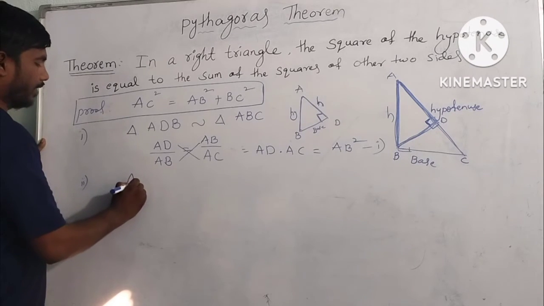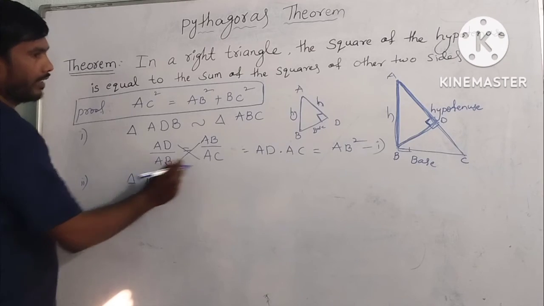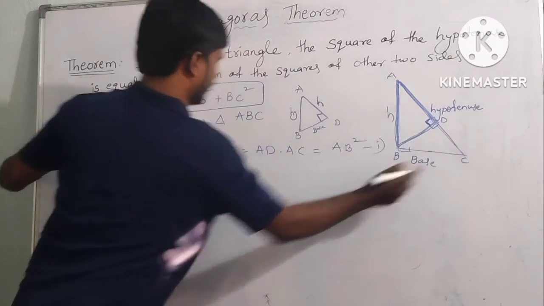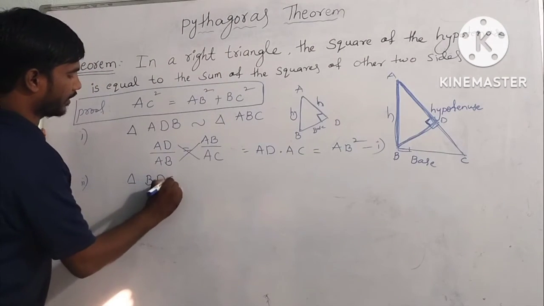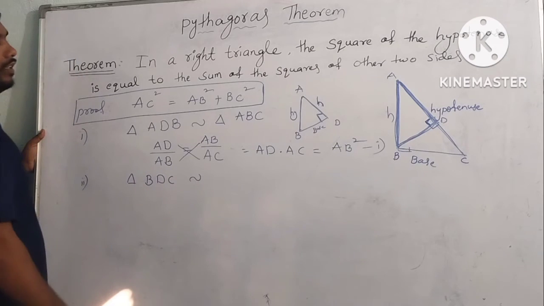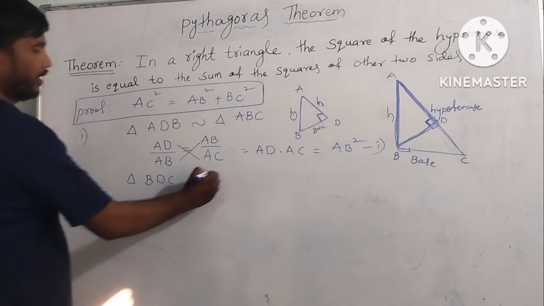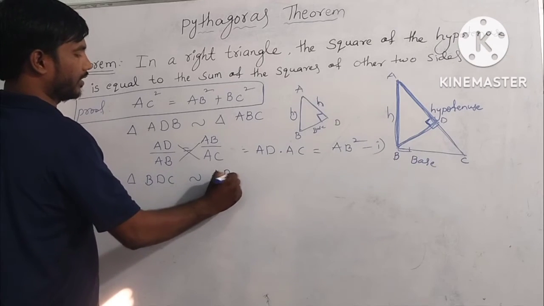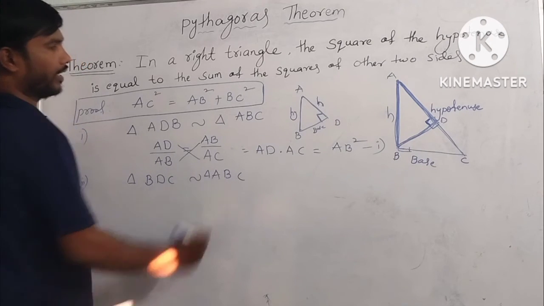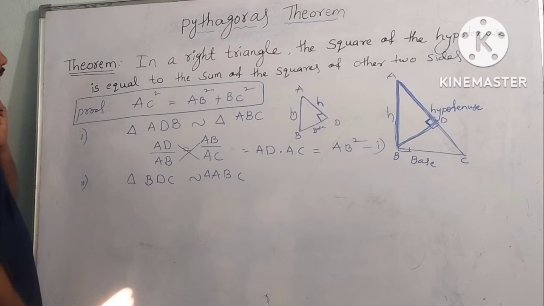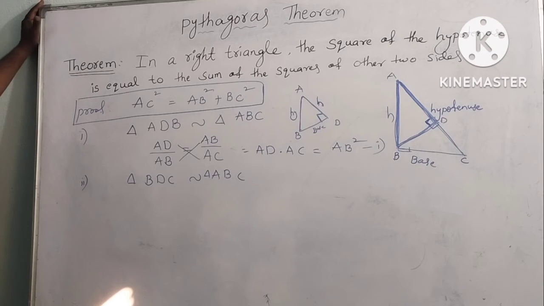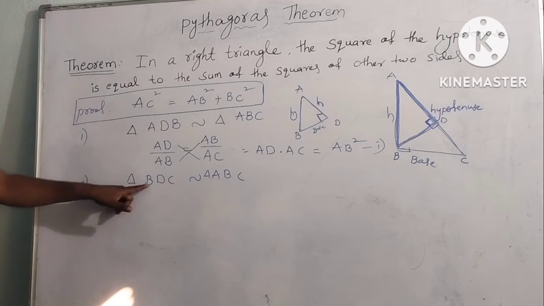Now take the second situation. Triangle BDC is similar to triangle ABC, the old triangle.